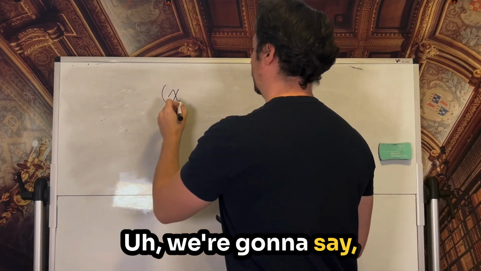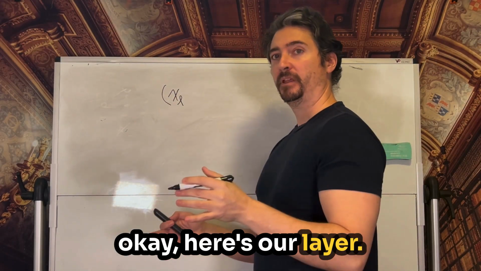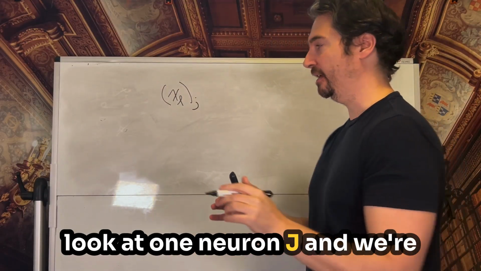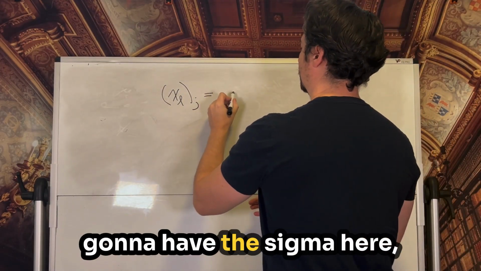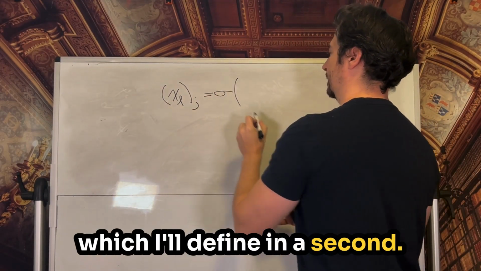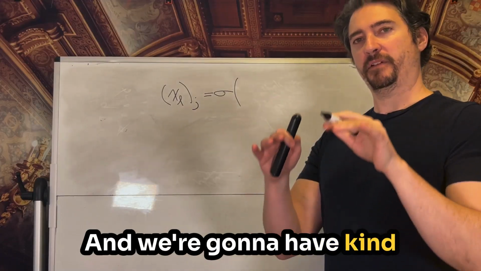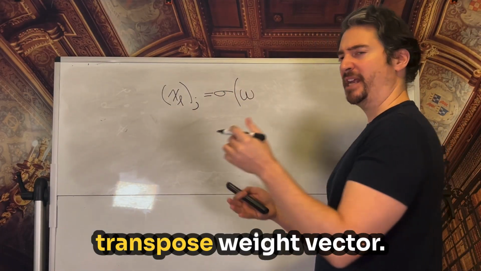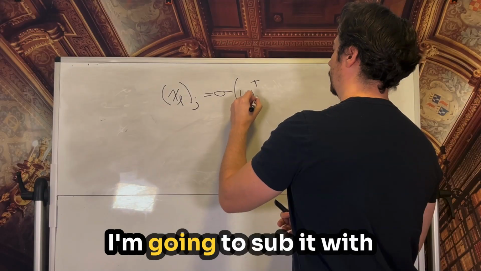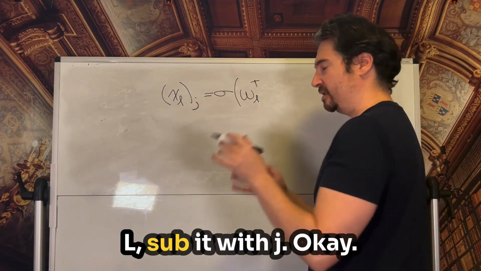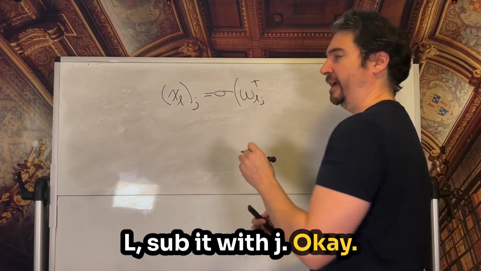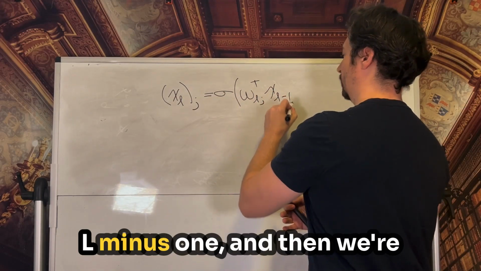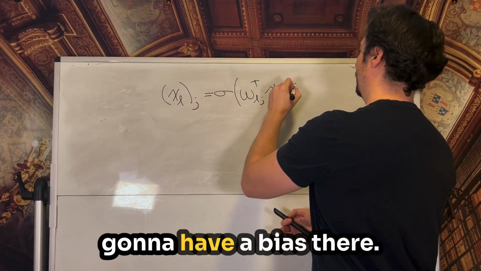Here's our layer, and we're going to take a look at one neuron J. We're going to have this sigma here, which I'll define in a second. This will look familiar: we're going to have the transpose weight vector, W with subscript L, J, with the data, which is X from layer L minus 1, and then a bias.